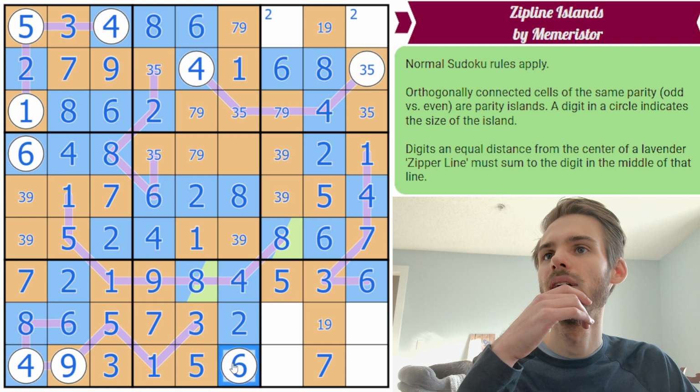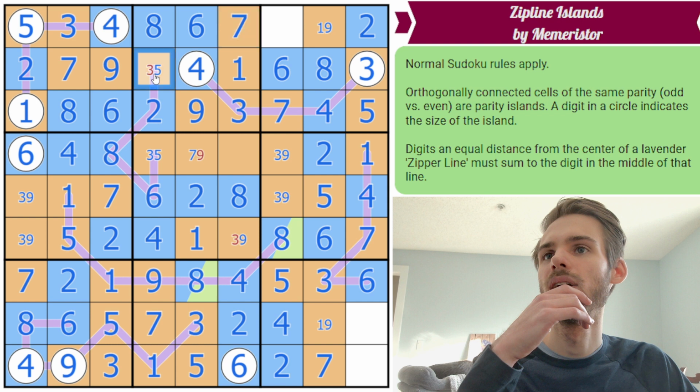So we can look at this circle and see that we need these 2 cells to both be even. So that has to be a 2 and that has to be a 4. I think only really determines the 2 because the 4 was already placed, but now the 3, 9 pair gives us this is a 7, this is a 3, which we just had from this 2 being there. Oh, so maybe we actually don't need this circle.